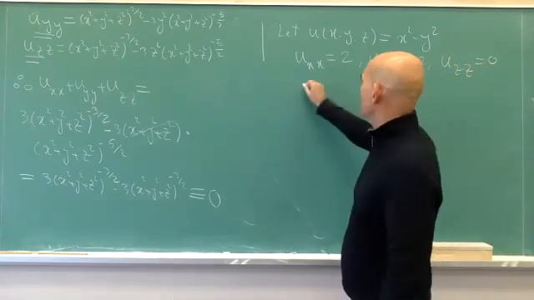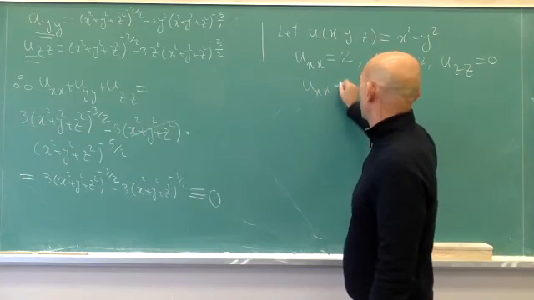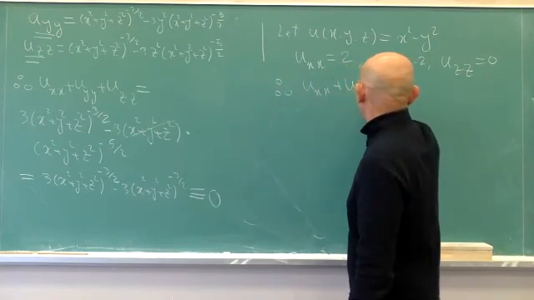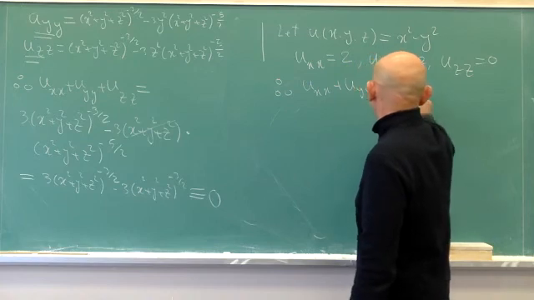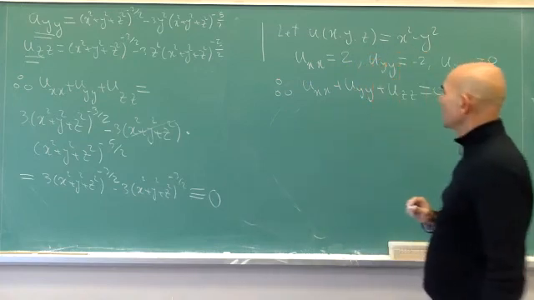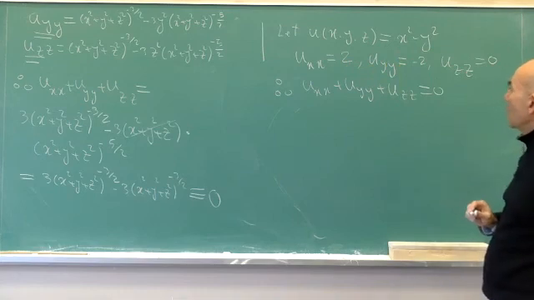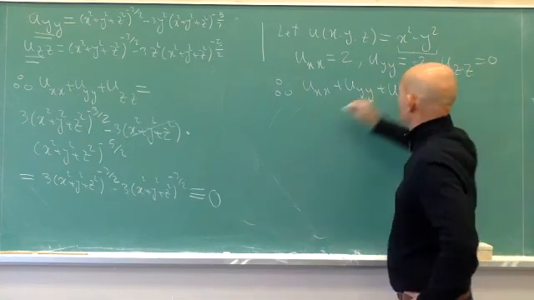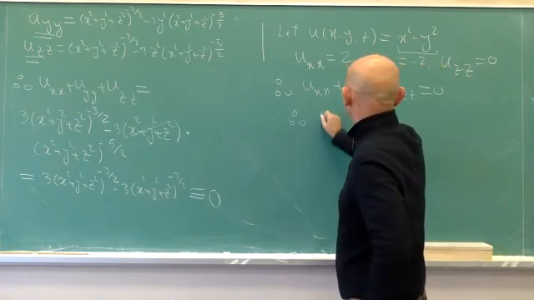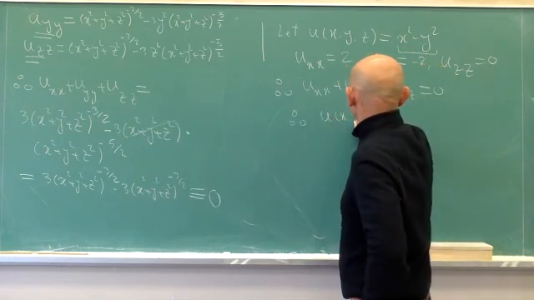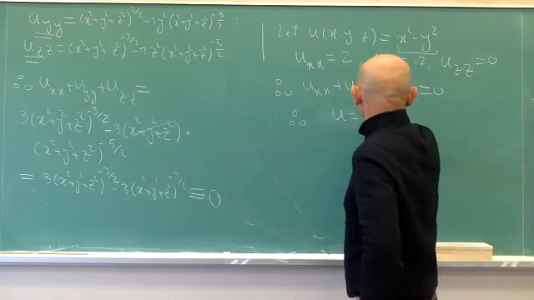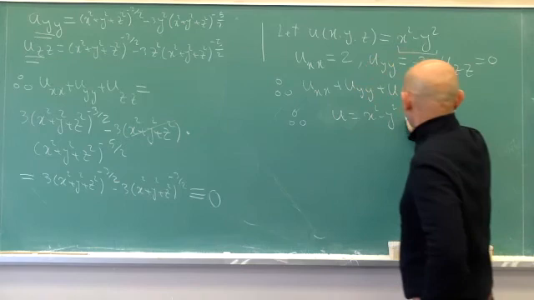So the sum is equal to 0, and so this is a harmonic function. u equal to x squared minus y squared is harmonic.